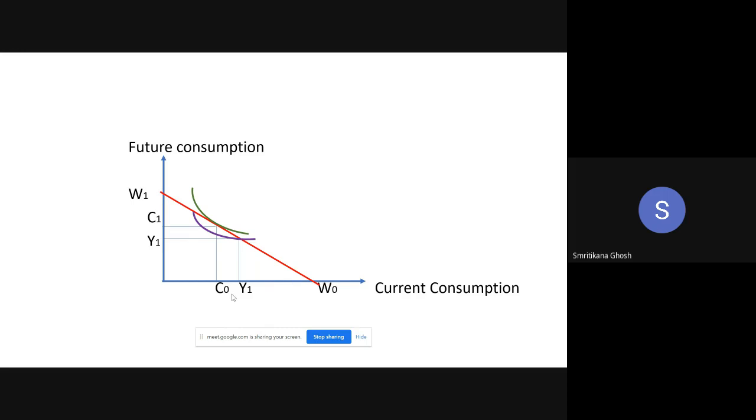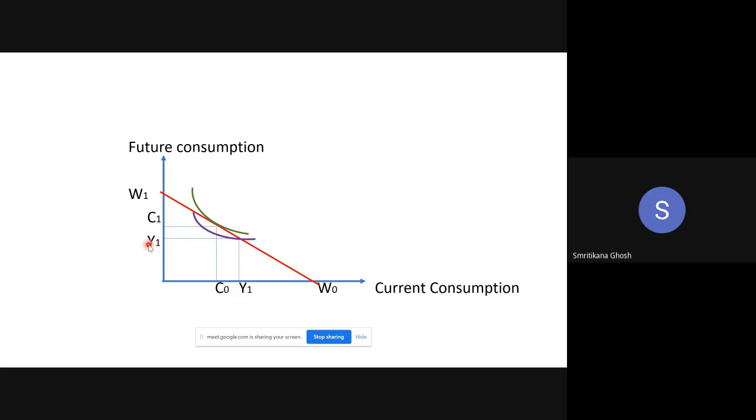Given this purple one, as it is intersecting that red line at this point, this is your income y1, and this should be y0. So many places I have written y1 in place of y0. So this is y0 and this is y1. As there is no option for saving and dissaving, y0 should be your c0 and y1 will be your c1. But you, as a rational individual, are always trying to maximize your utility.